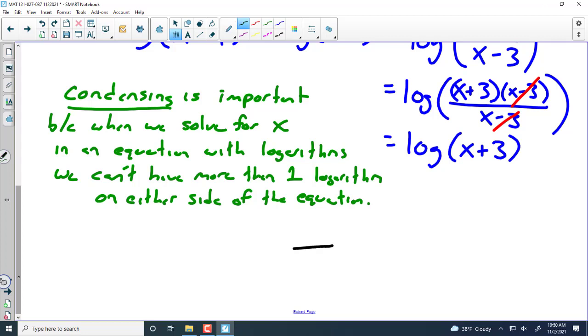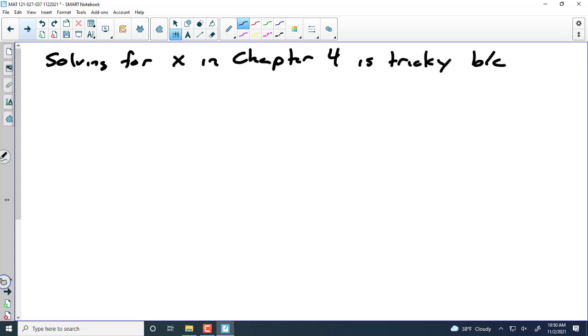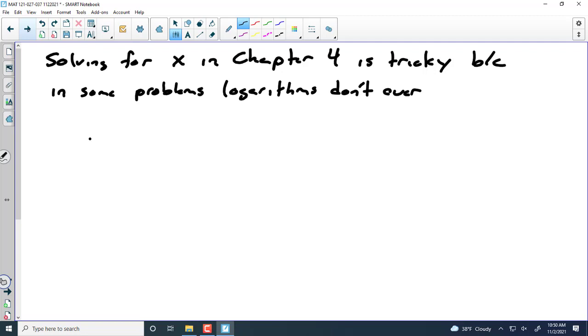I'll tell you what else makes today tricky. Solving for x in chapter 4 is tricky because in some problems, logarithms don't ever come up.